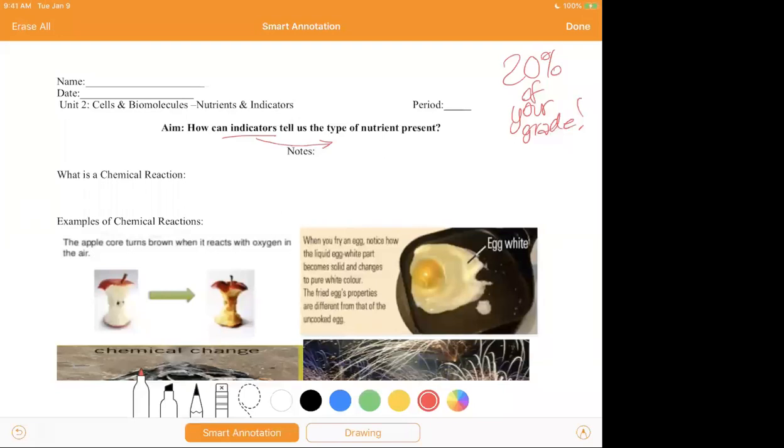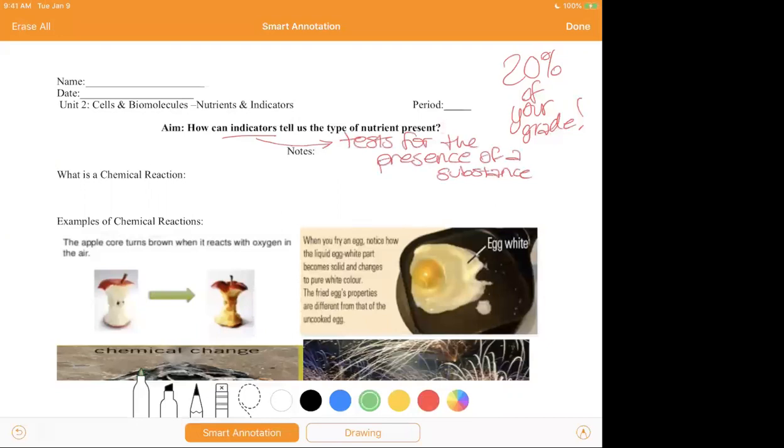So an indicator tests for the presence of a substance.